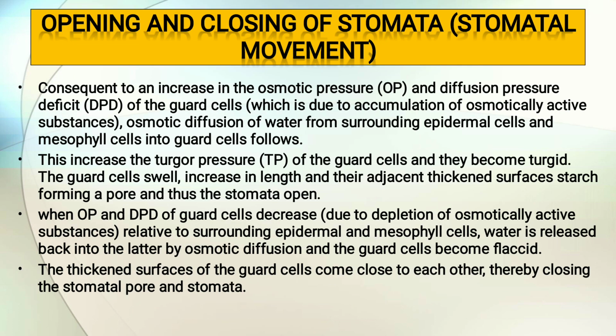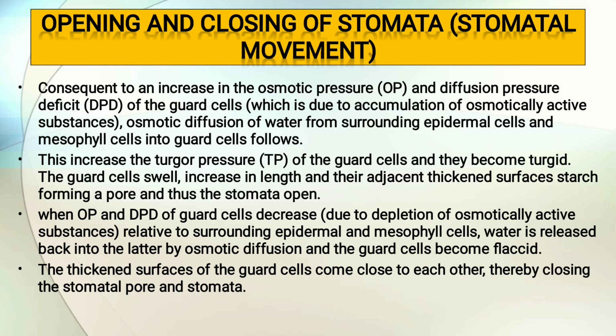Now we are discussing the opening and closing of stomata, or the stomatal movement. There is an increase in the osmotic pressure and diffusion pressure deficit of the guard cells, which is due to the accumulation of osmotically active substances. Osmotic diffusion of water from the surrounding epidermal cells and mesophyll cells into the guard cells follows.